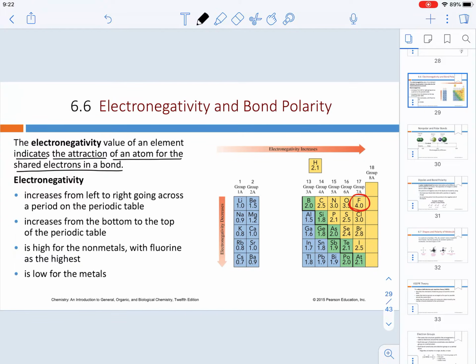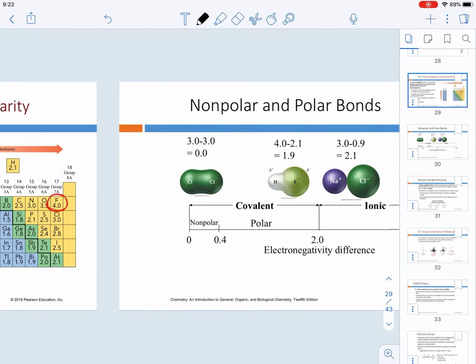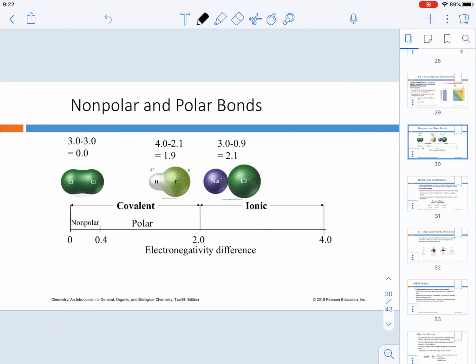Now, why is it important to know electronegativity? Because electronegativity can actually define what type of bond is going to exist between two atoms. So for example, here we have three different compounds. For the first one, which is where chlorine is bonded to chlorine, I'm just going to include the electrons.